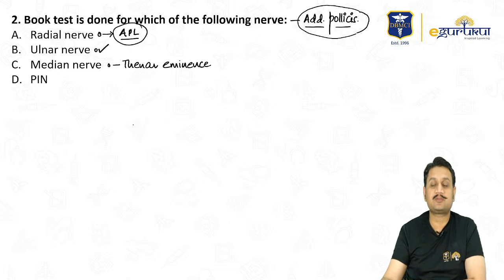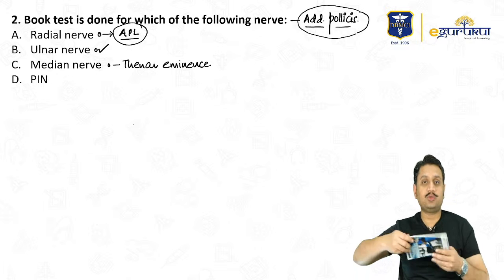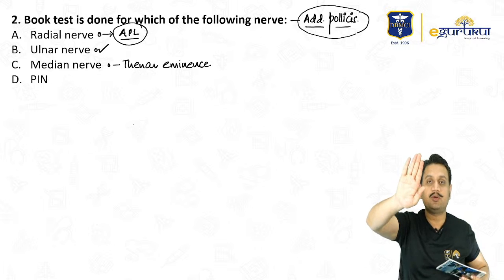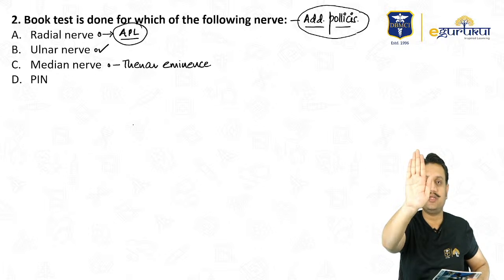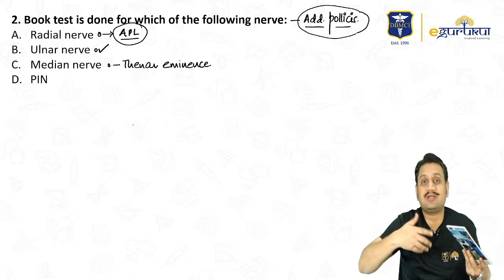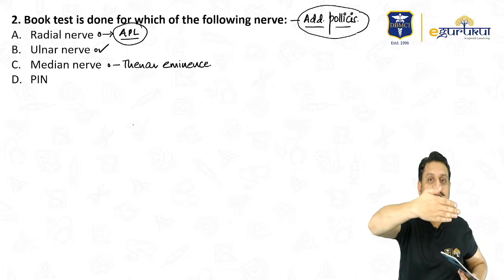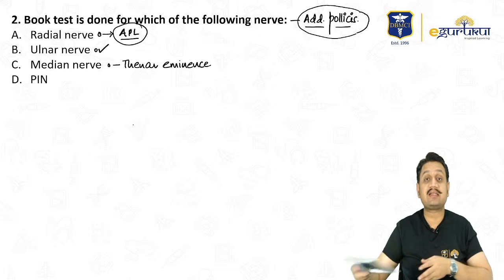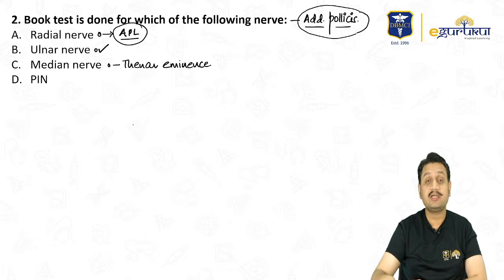How do we test the adductor pollicis muscle? You ask the patient to hold something between the thumb and the fingers like that. In case the adductor power is weak, the patient pinches it up. He is not asked, he does it himself. So instead of adduction, he uses the pinching power. When you are pinching, it is the flexor pollicis.